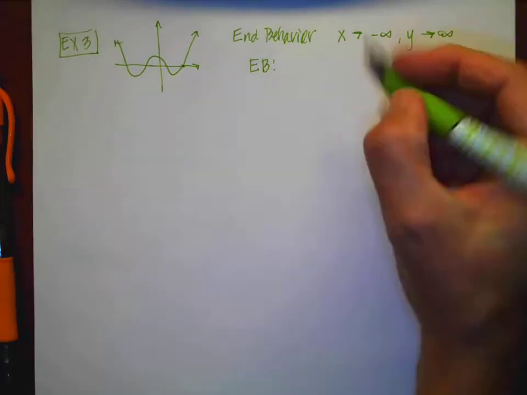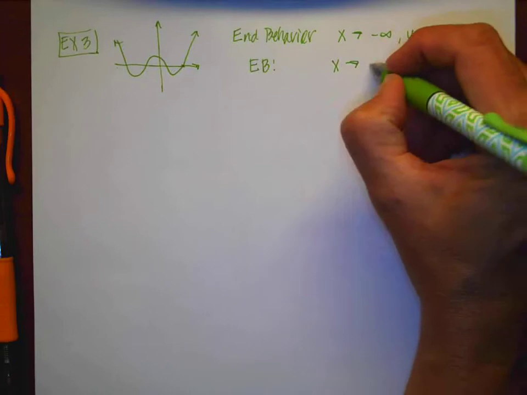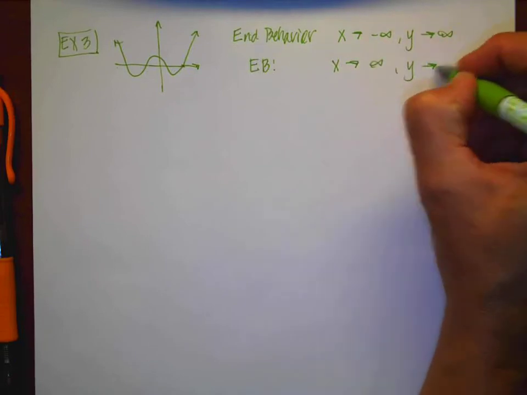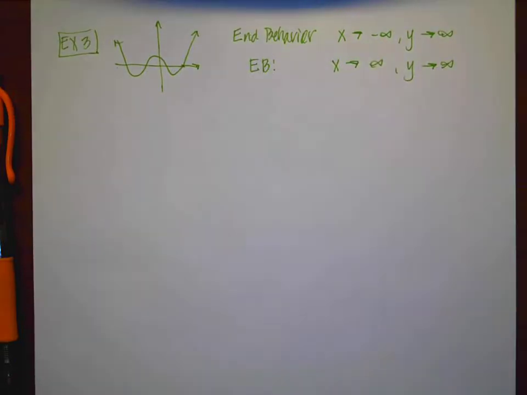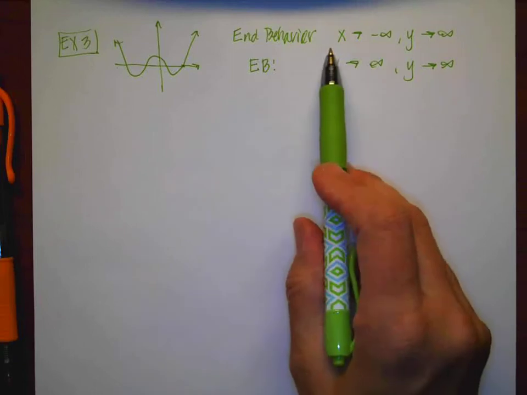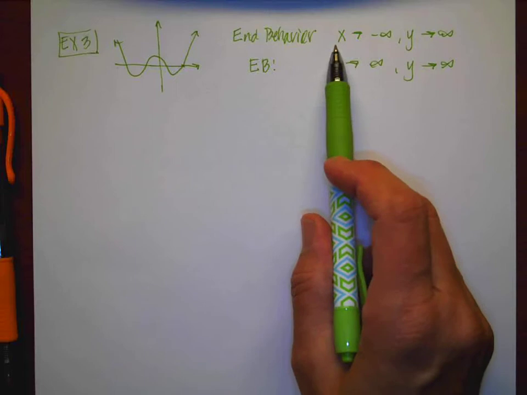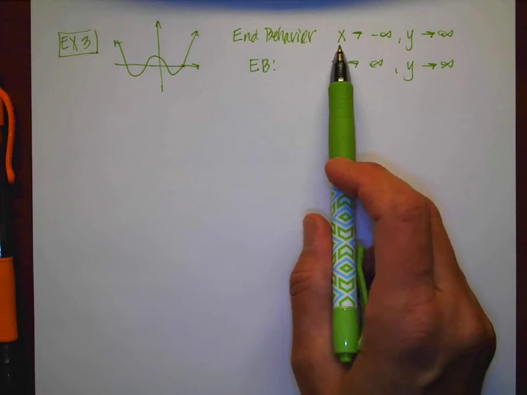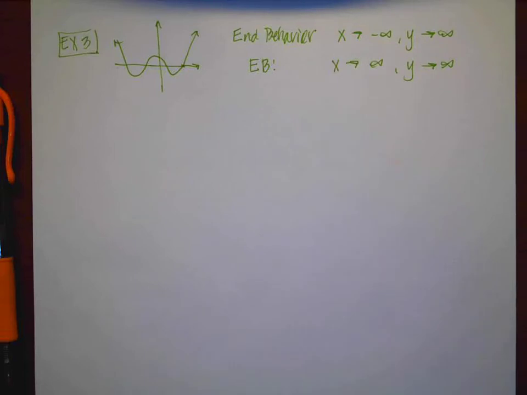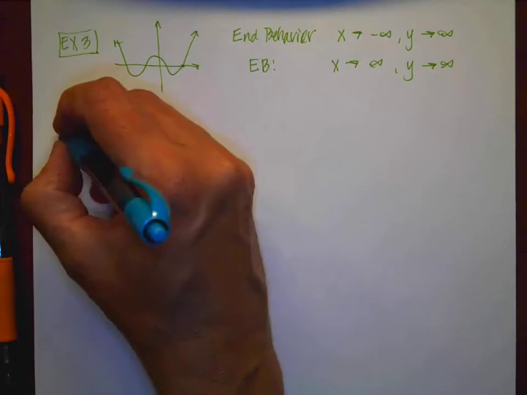As x goes to the left, y is going up, and as x approaches positive infinity, y is also approaching positive infinity. Now, if you'll notice, I started with the left-hand side of the graph. Because we do math left to right, I typically start reporting with my left-hand values.